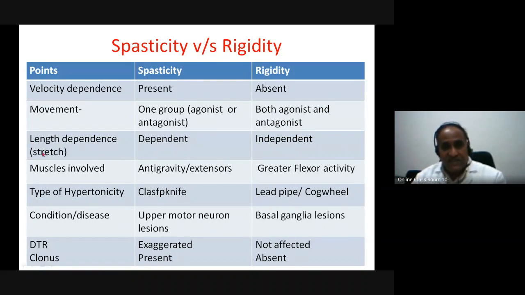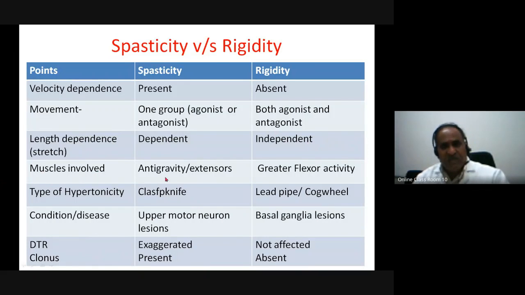Length dependence, that is stretch: when you stretch in spasticity, there is increased resistance, and then at a particular level it gives way. So spasticity is stretch dependent, whereas rigidity does not yield. If you make a greater stretch, it does not give way. So it is independent of the stretch.